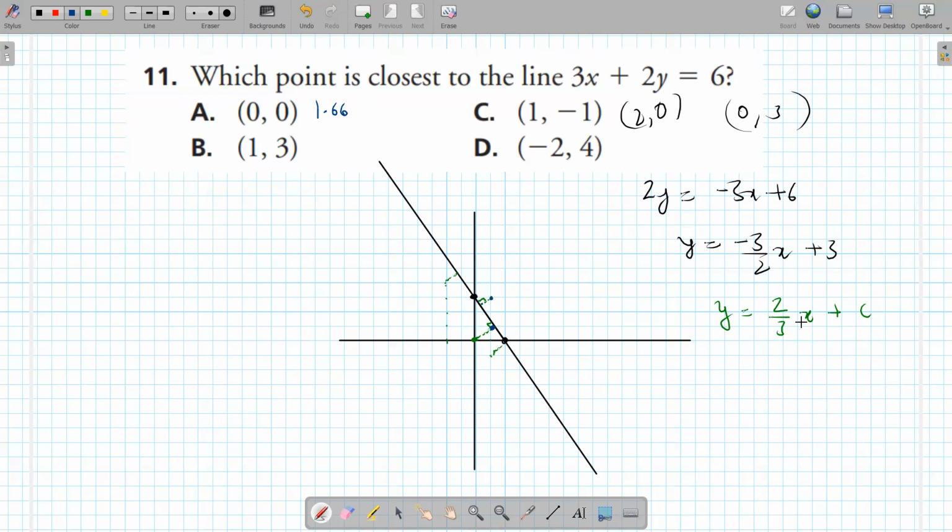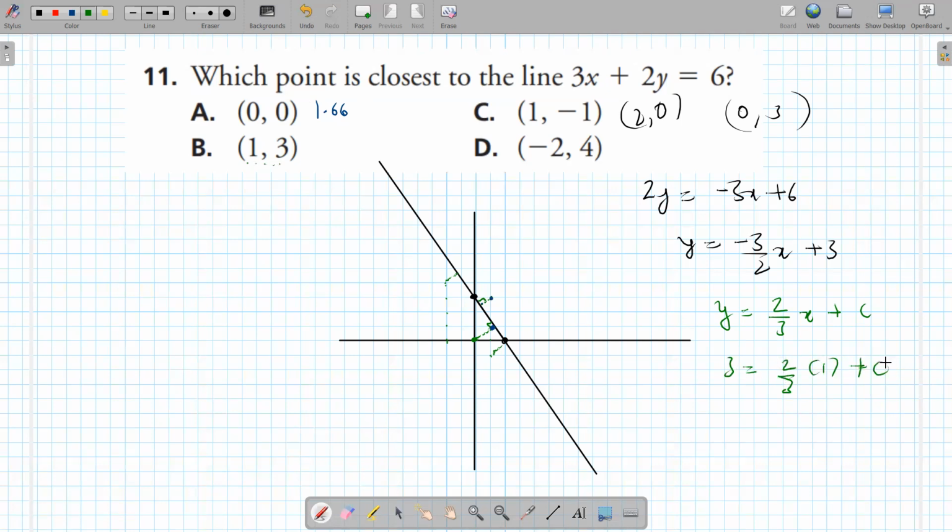Anytime the intercept is missing, you simply plug in a coordinate. We don't know any coordinates on the main question line itself, but we do know a coordinate right here, (1, 3). So we're going to plug that in: y value is 3, x value is 1.